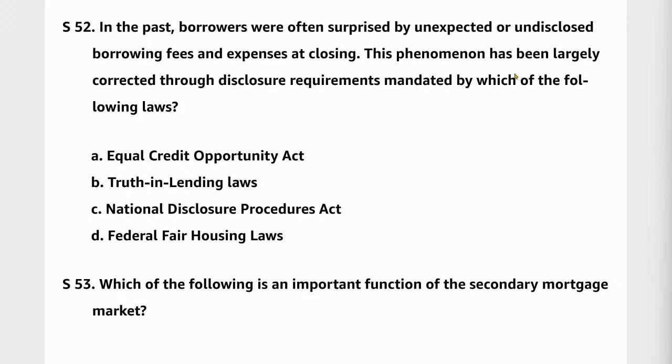So this phenomenon has been largely corrected through disclosure requirements. So lenders now have to disclose, when a borrower goes to a lender to get a pre-approval for a loan, an estimated loan cost and all the fees that go along with it, so that they can know what they're paying and what they're being charged for.